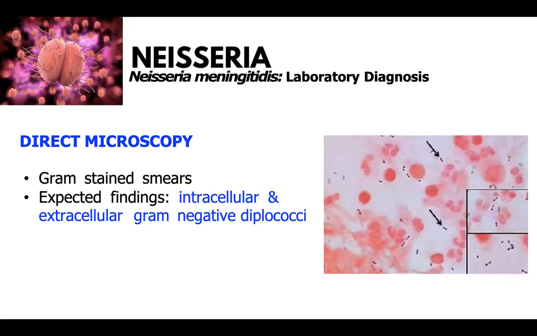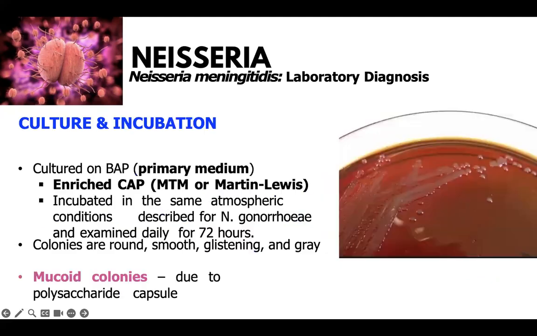So, with your specimen, unsay buhaton, mag-direct microscopy. You do gram staining and then expect that you'll be able to see intracellular and extracellular gram-negative diplococci. Pag nag-culture, pwede namang mag-culture, ang ating initial culture media is blood agar plate, sheep's blood para maganda-ganda yung ating tubo.